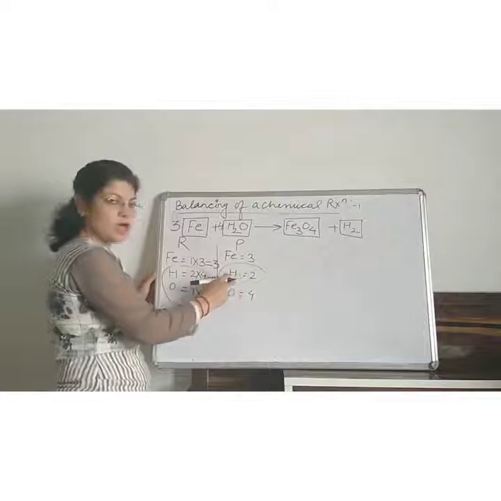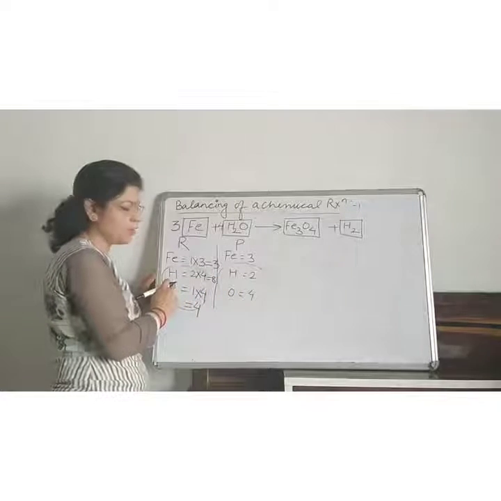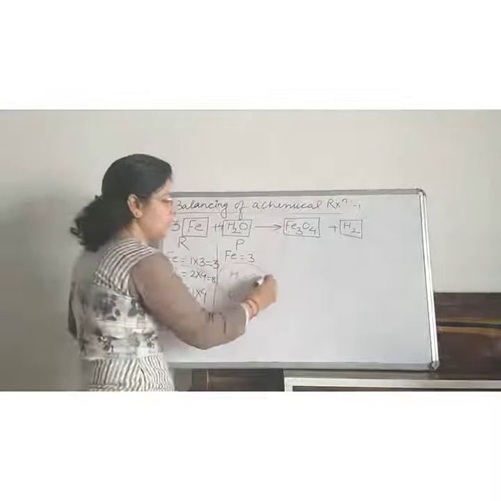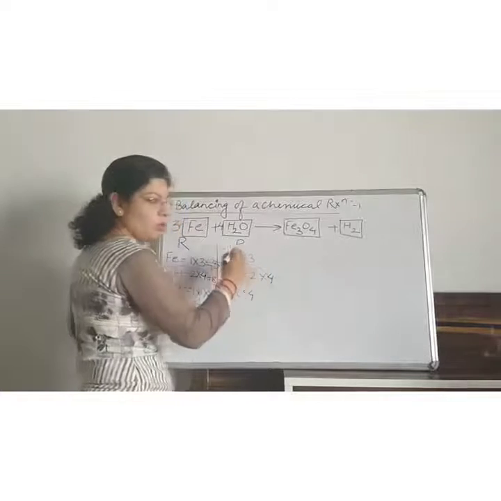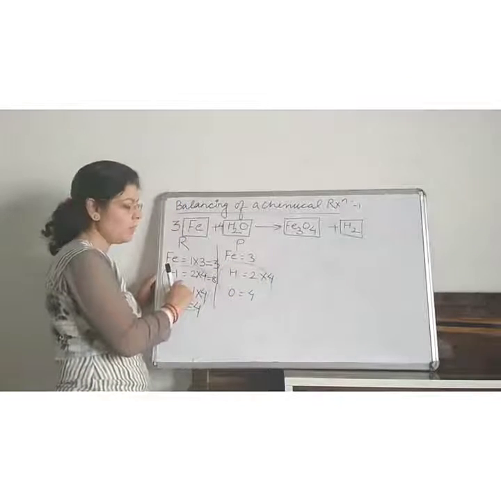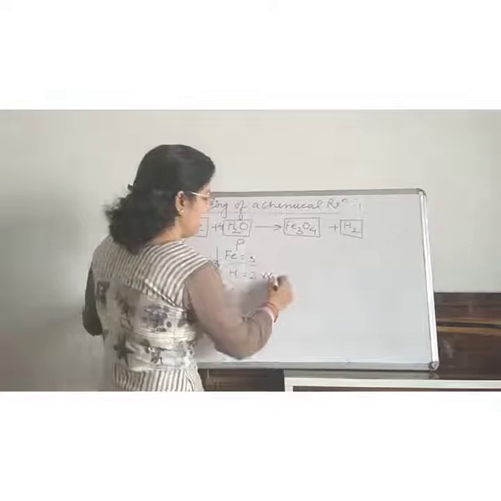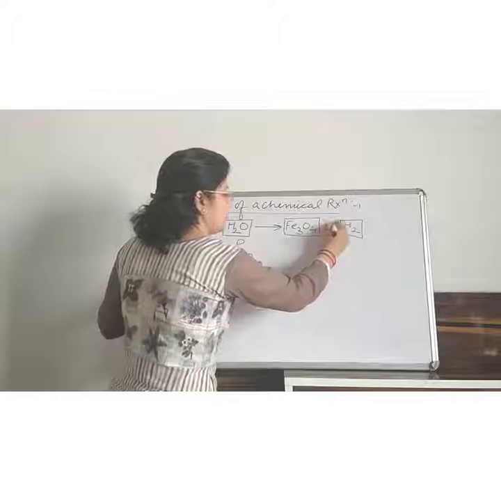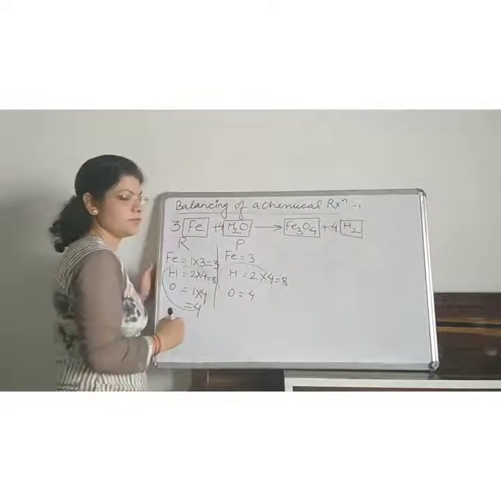Now hydrogen atoms are not balanced in this chemical reaction. To make it balanced, we have to multiply by 4 so that the number of hydrogen atoms is also balanced. So put 4 on the outside of the hydrogen gas.